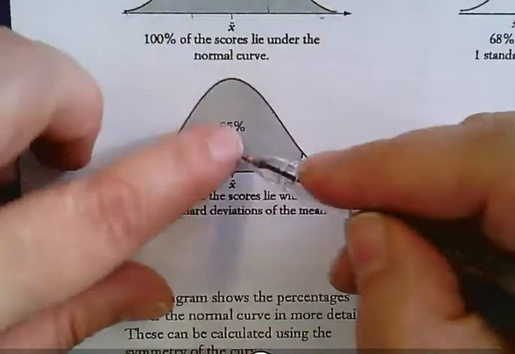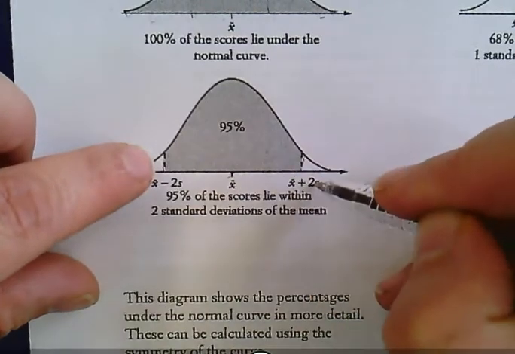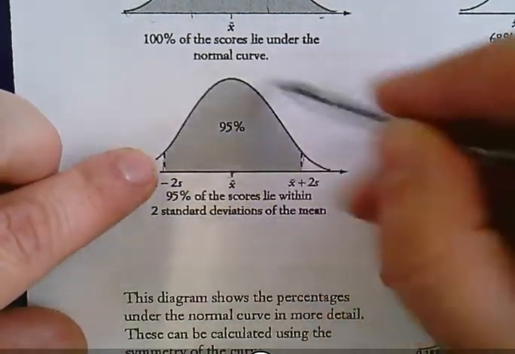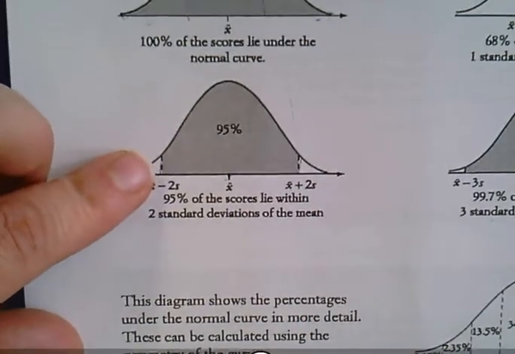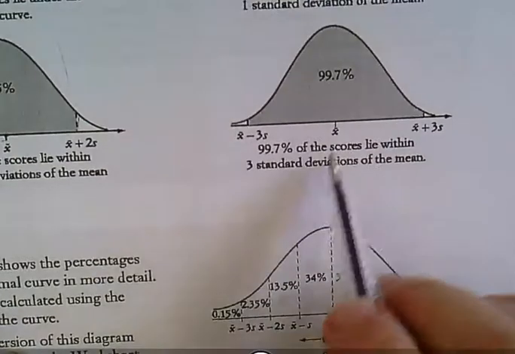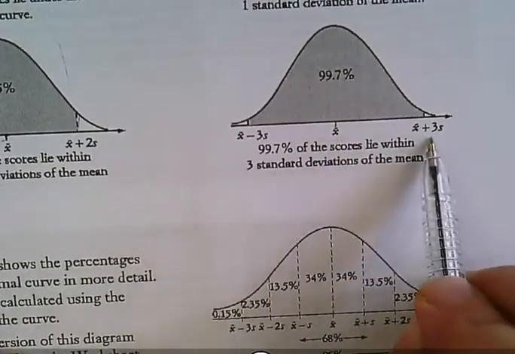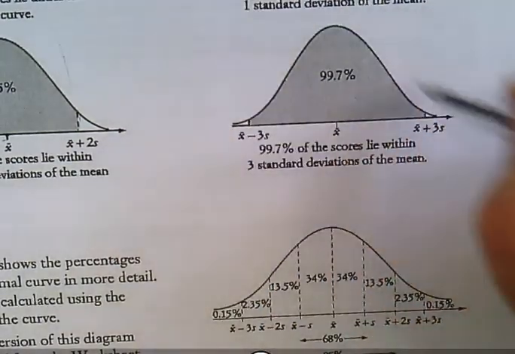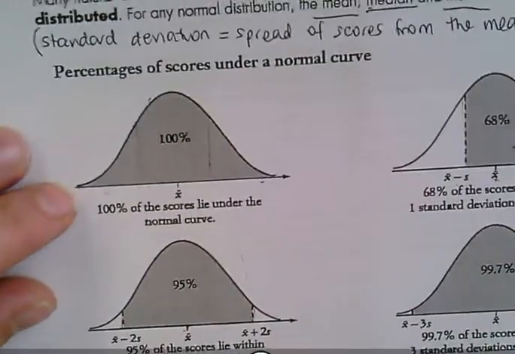But then if we go a little bit further out to mean plus 2 standard deviations and mean minus 2 standard deviations, 95% of your scores are contained in that area. And we can also do mean plus 3 standard deviations and mean minus 3 standard deviations. Now look at that curve. Look at this one. All of the data is under here.